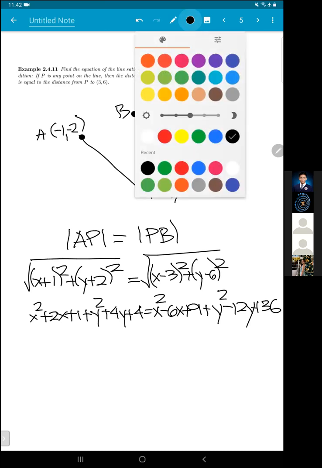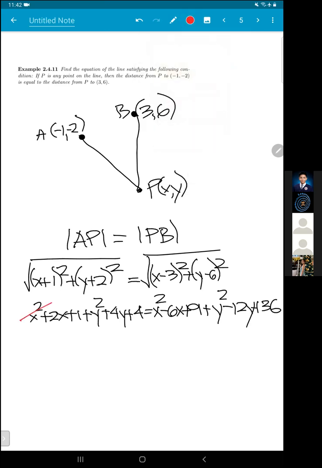So several terms cancel out. And then we collect all terms, all variables on one side, all constants to the other side. So 2x and negative 6x transpose 8x. 4y and negative 12y, so magiging plus 12y. Tama ba?